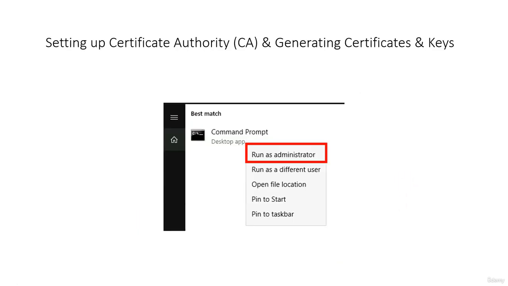And then what we need to do is set up our certificate authority and generate certificates and keys for the server and clients. We will set up PKI to be able to create our server and client certificates. Simply go to Windows, search for command prompt or CMD, and open it as an administrator.